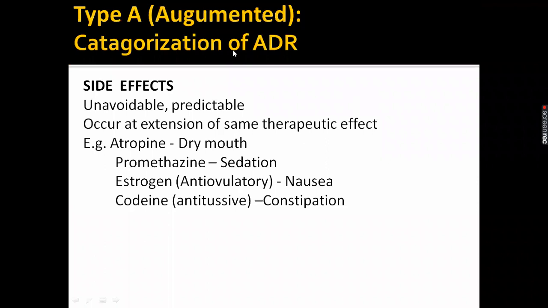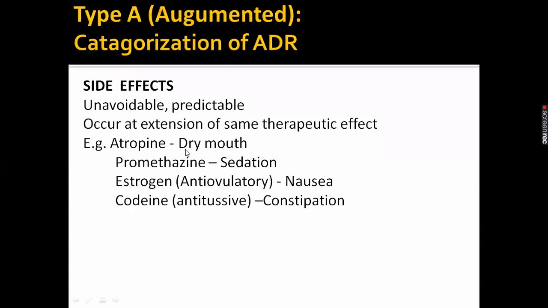Then type A, that is augmented. We have the side effects, which we call side effects, which are unavoidable and unpredictable. Here we know that it is due to the extended spectrum of the action, or it is based on the mechanism of action that we are getting this. So it occurs as an extension of the same therapeutic effect.